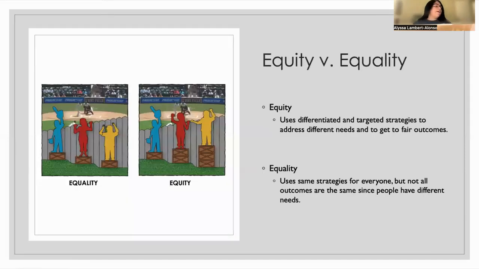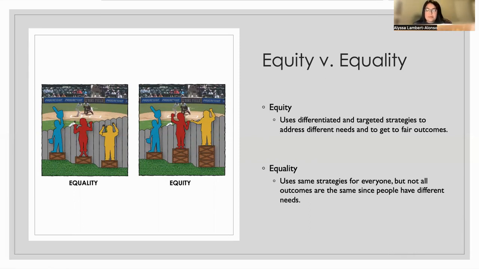And I just thought it was very important to discuss the difference between equity and equality because I feel like that is a very common misconception between these two. So just to define them real quick, equity uses differentiated and targeted strategies to address different needs and to get fair outcomes. And equality uses the same strategies for everyone, but not all outcomes are the same since people have different needs.